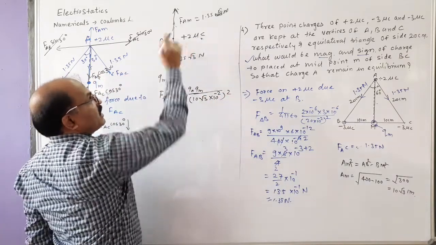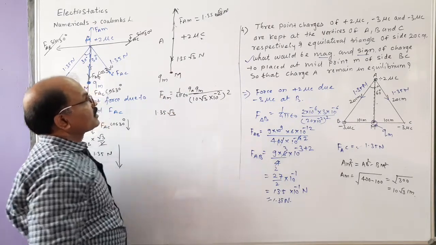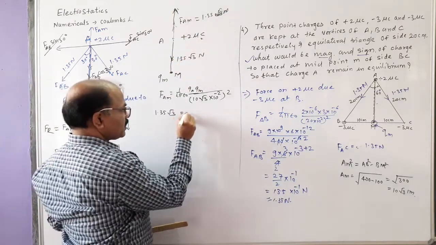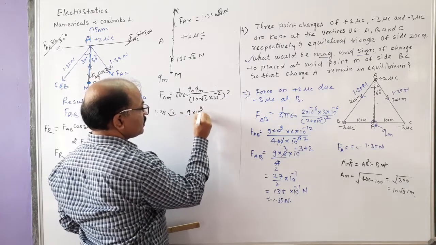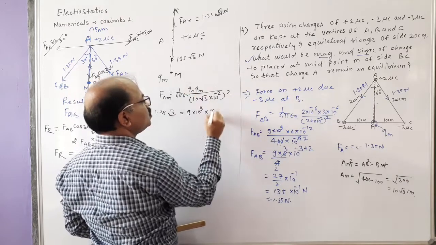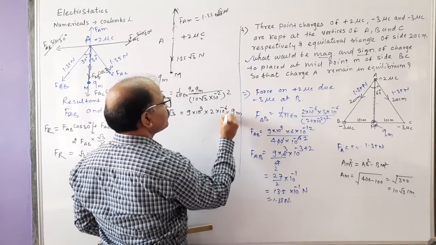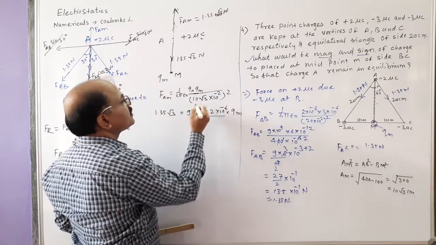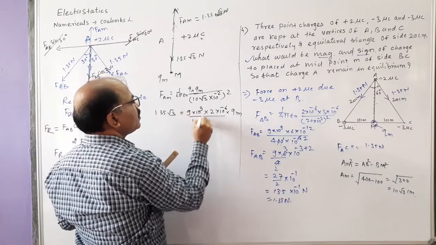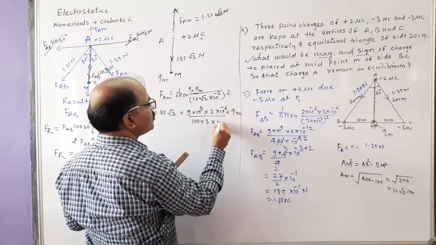अब हम कितना चाहिए, so 1.35 into root 3 अपोजिट डायरेक्शन में, तभी ये इक्विलिब्रियम में आएगा. और ये 9 into 10 raised to 9, ये चार्ज कितना है QA, this value is 2 माइक्रोकूलम, इसका 2 माइक्रोकूलम है और इसका QM है, डिवाइड बाय ये स्क्वायर करो तो ये आएगा 10 का स्क्वायर 100 और ये रूट 3 का स्क्वायर 3 और इंटू 10 raised to minus 4.